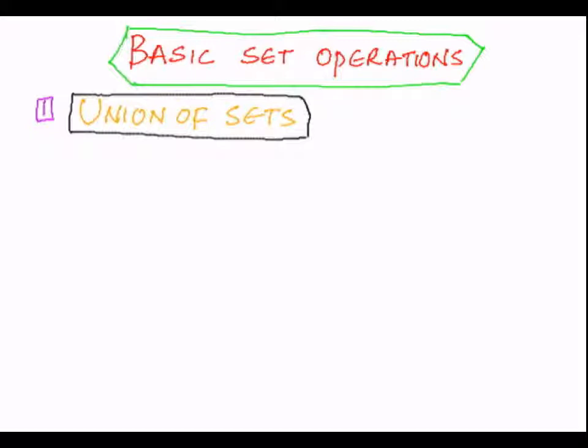In other words, the union of two sets A and B is a set in which the elements belong to either set A or set B or both A as well as B.